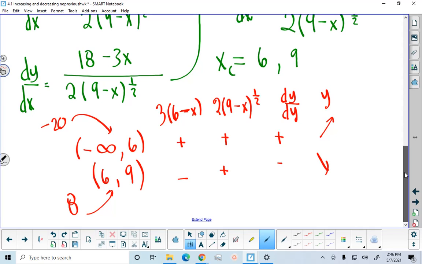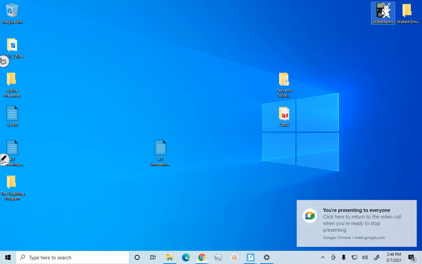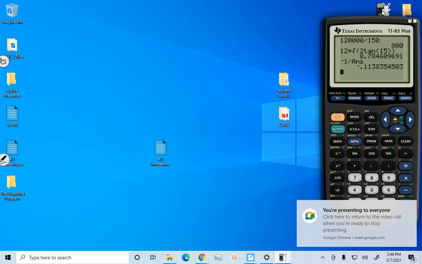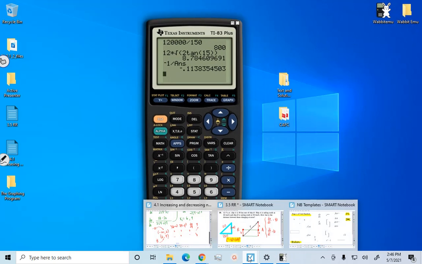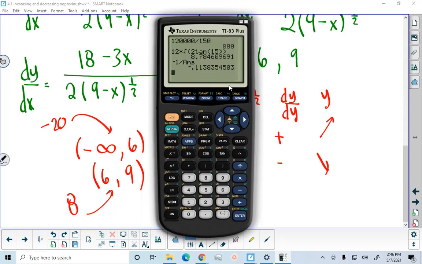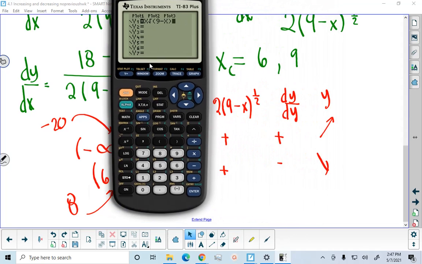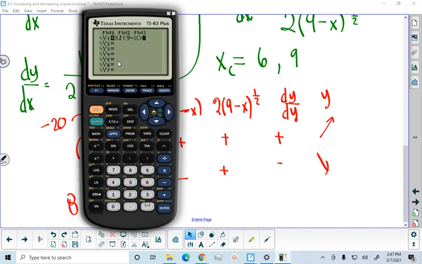We could confirm that. We could have done this with other ones, but if I go to my graphing calculator, and put in x times the square root of 9 minus x, and go zoom standard, that's zoom 6.